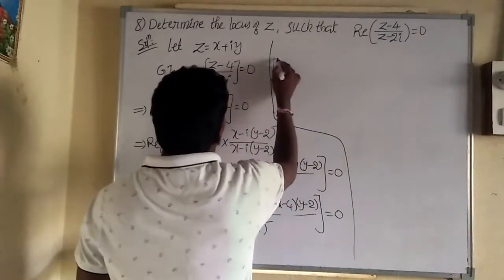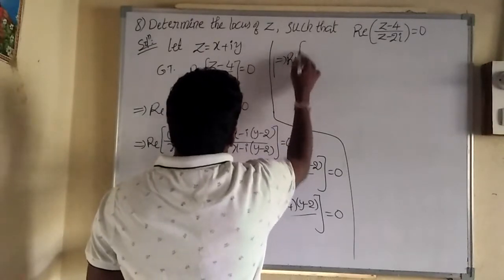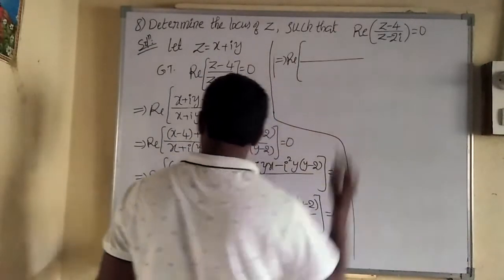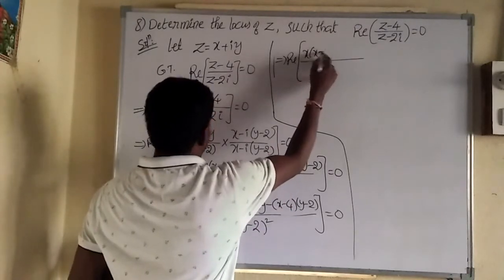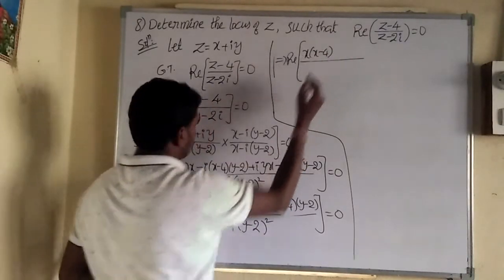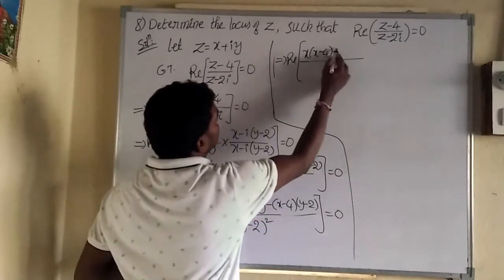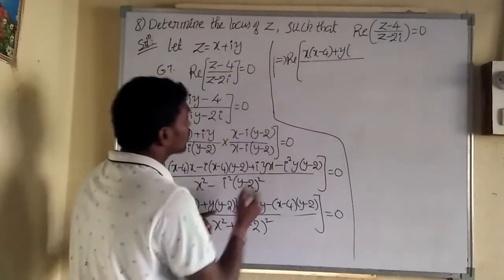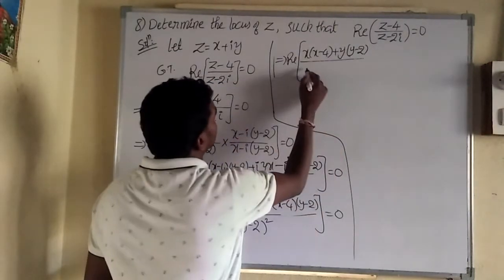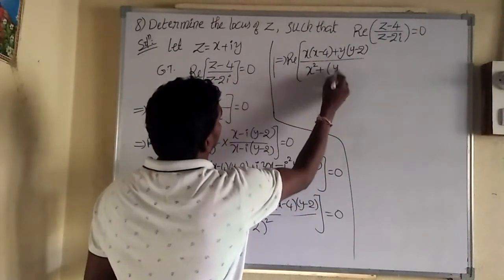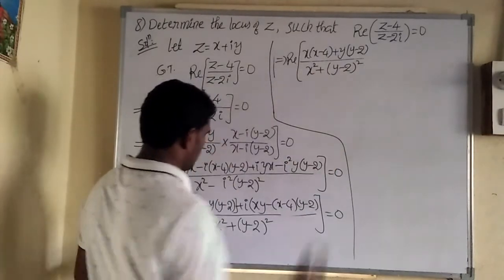The next step implies real part of, I'm simplifying this: x into x minus 4 plus y into y minus 2 by x square plus y minus 2 whole square.